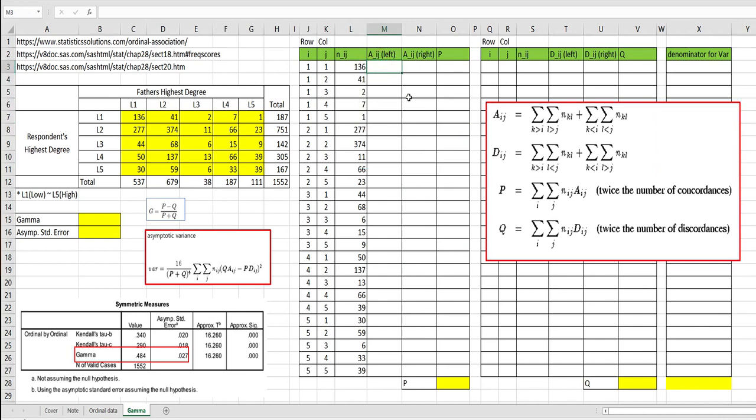So for Aij, left part, this area. For right, there's no right side data, so 0.